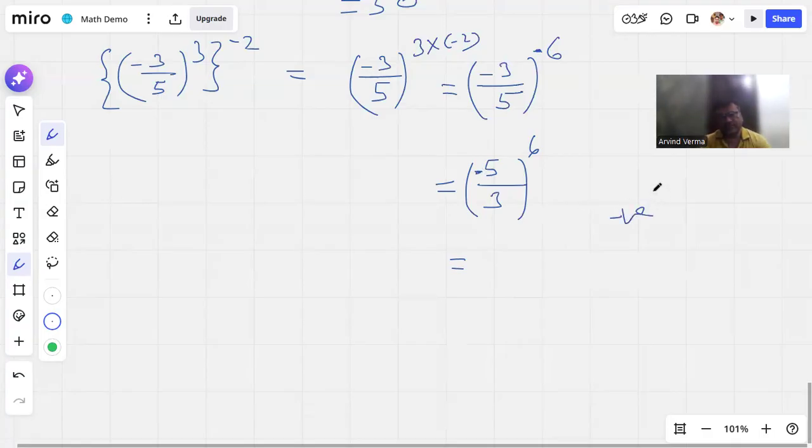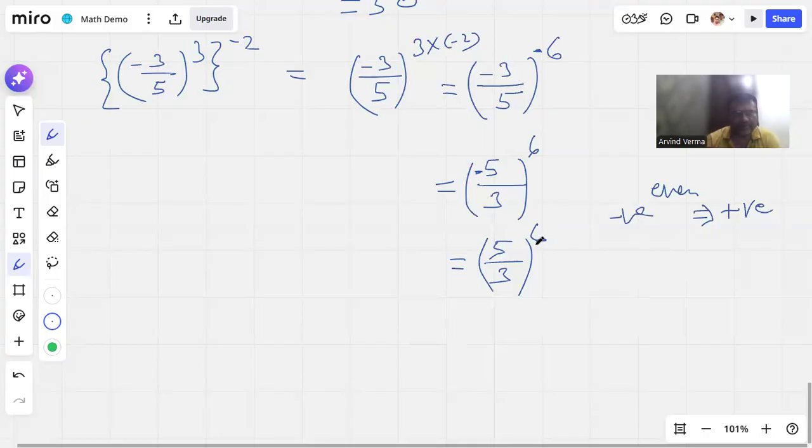Any negative number to the power of an even number will give a positive result. So since 6 is an even number, it will give me 5 upon 3, straightforward. 5 upon 3 raised to the power 6.